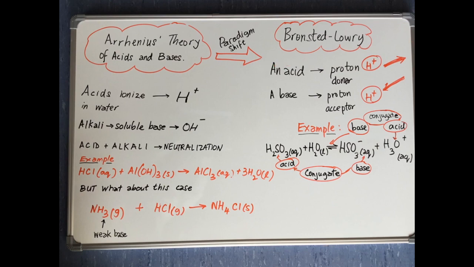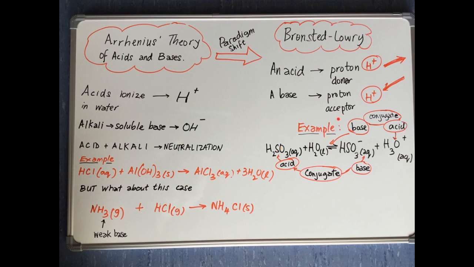With this definition from Bronsted and Lowry, it was then possible to identify examples of conjugate acid-base pairs. Here you can see sulfurous acid plus water to produce HSO3 negative and H3O positive. Here, H2SO3 is behaving as an acid as it donates a proton to H2O, which accepts that proton and in so doing behaves as a base.